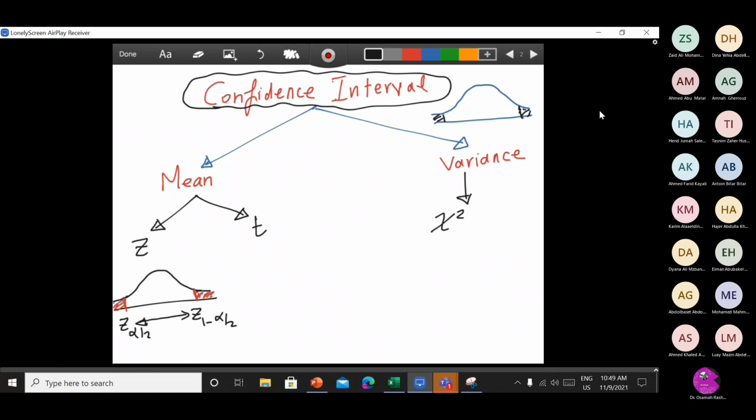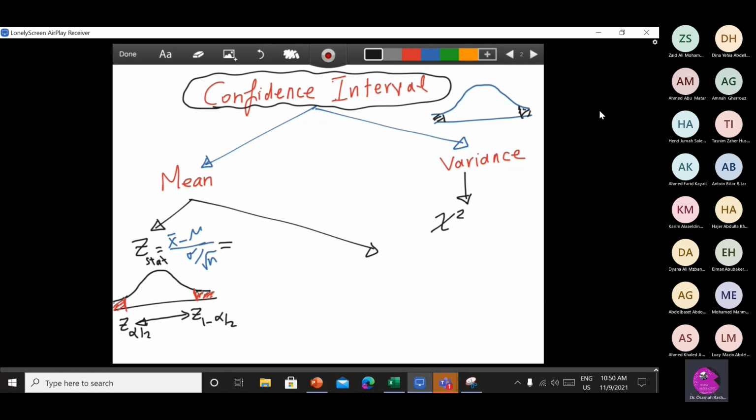If you remember, for the mean, what was the Z statistic? Can anyone remind me? For one sample, X bar minus mu over sigma over root n. That's fine. So you just multiply this one, so I have X bar minus mu on one side.